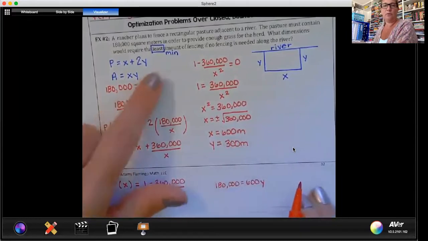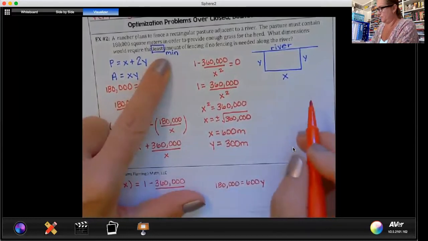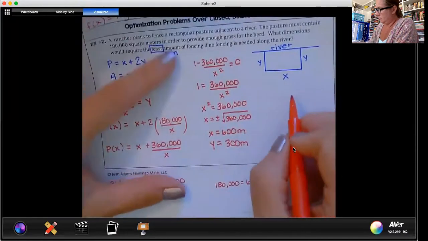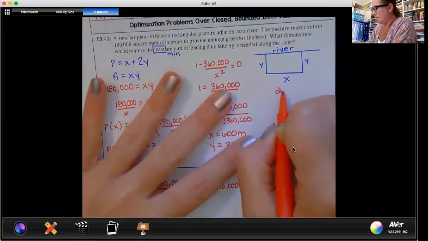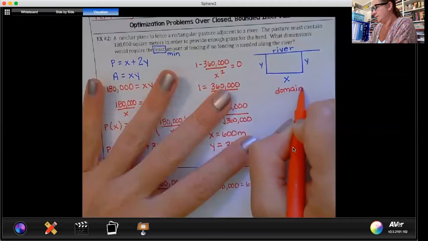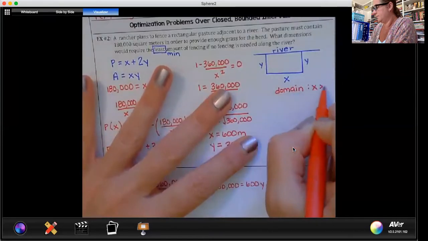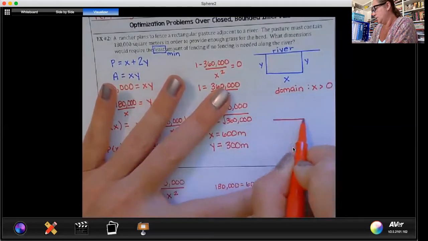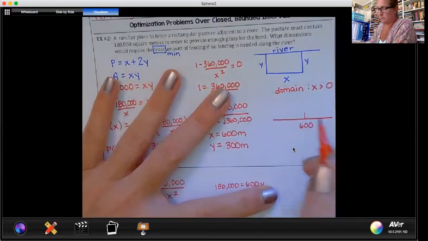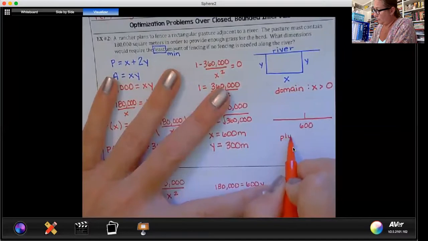Now we're going to prove that we have a minimum. And we know really that our domain just has to be greater than 0. So we've got our 600 meters. We're going to prove that we have a minimum.